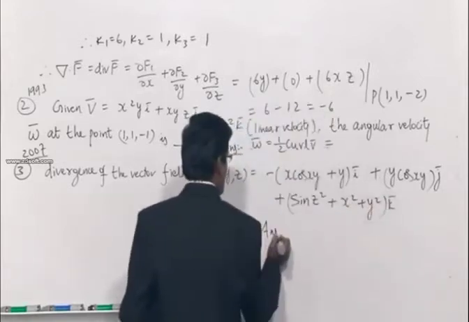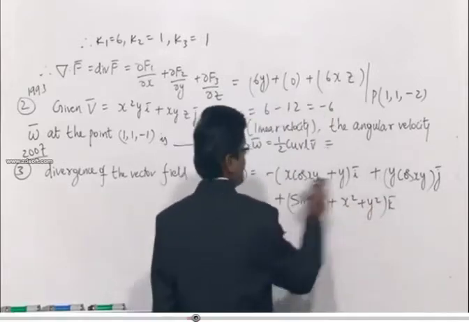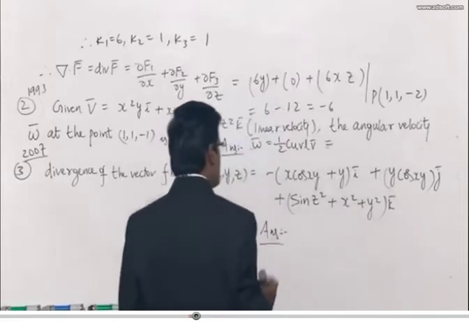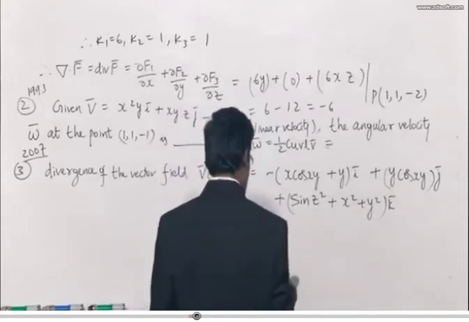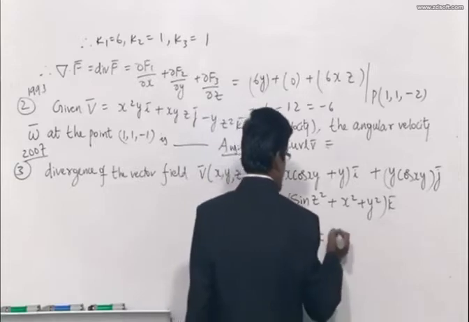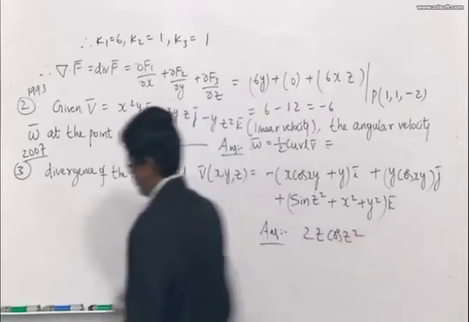Just you need to find divergence only. This is f1, f2, f3, sum of the partial derivatives with respect to x, y, z respectively. Answer is 2z cos z square. That you check.